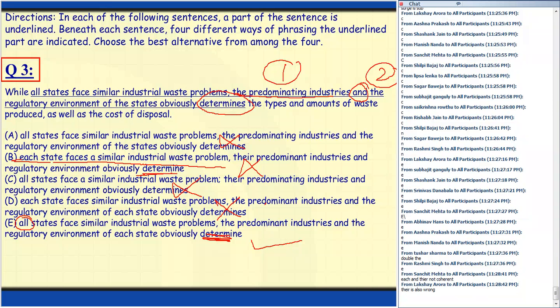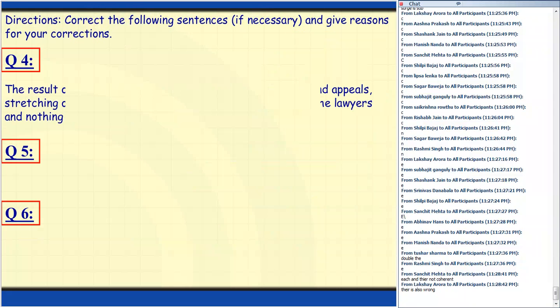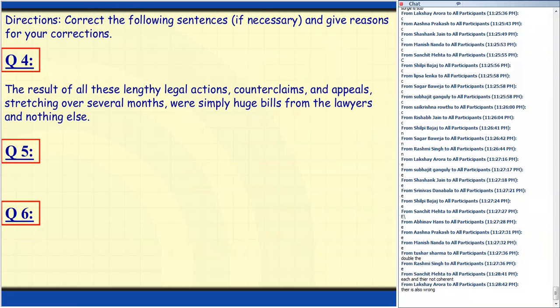Okay. Number 4. You need to correct the following sentences if necessary, and you need to give reasons for your corrections.